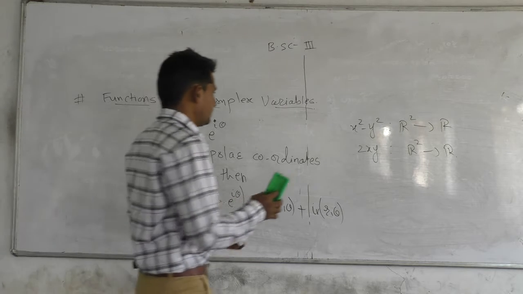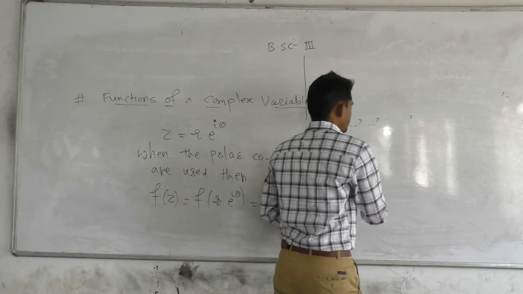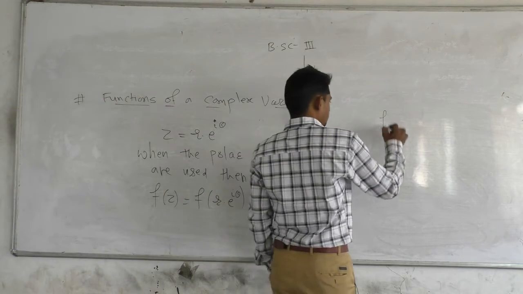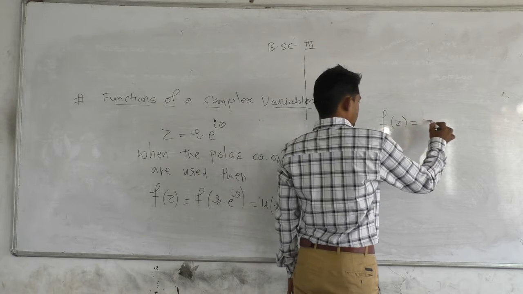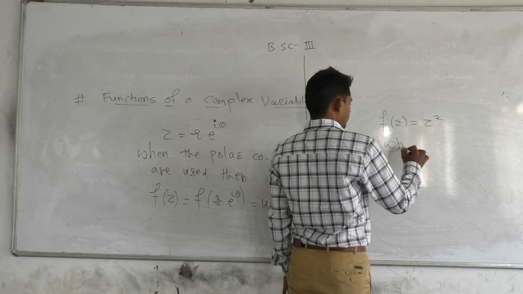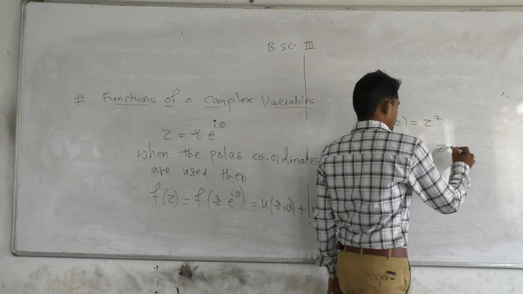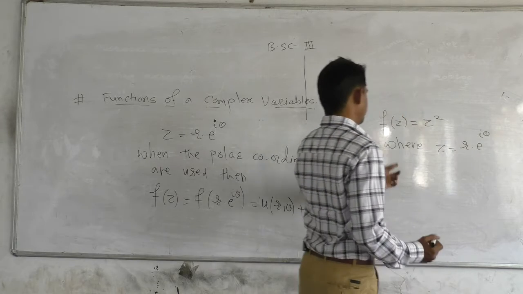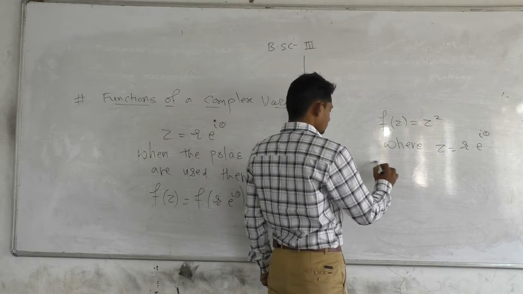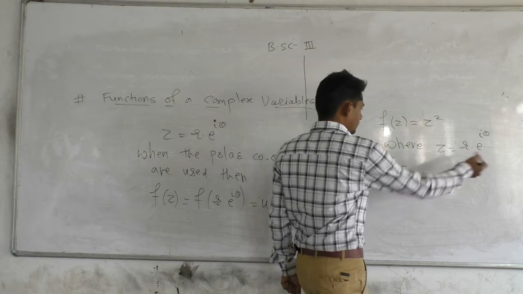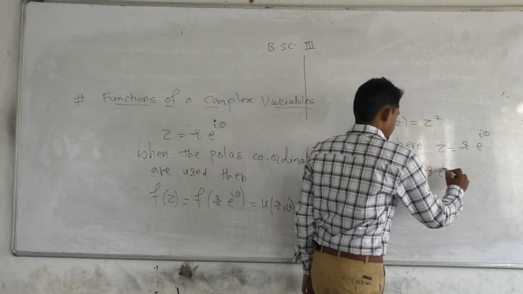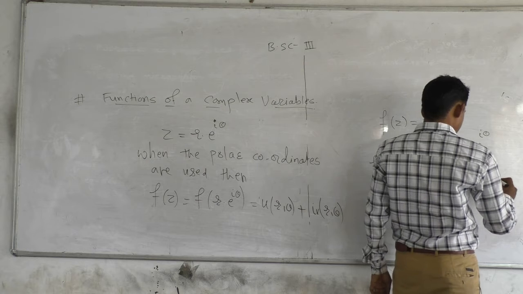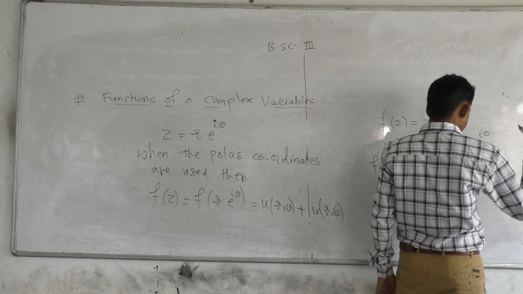Now, for example, f of z is equal to z squared, where z is equal to r e raised to i theta. Then f of z is equal to (r e raised to i theta) squared, which is r squared e raised to i 2 theta.